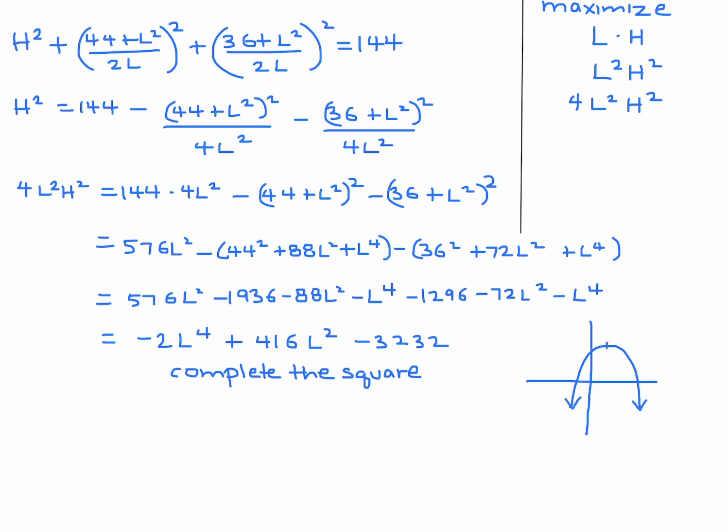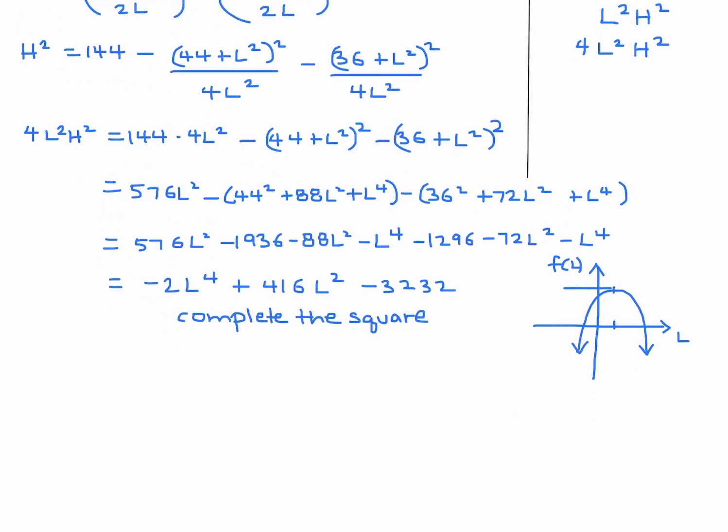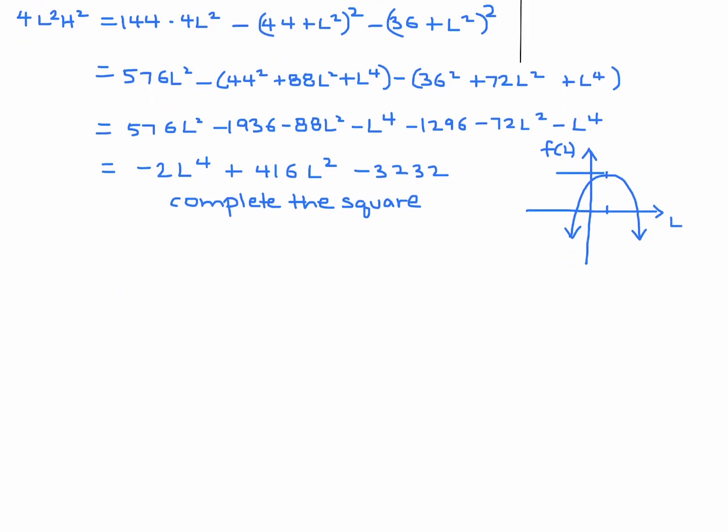That means at some point, you're going to get a maximum. So if this is the value of L, and this is f at L, then for some value of L, f at L will be at its maximum. Now, how do we figure out what that value of L is? Well, that's what completing the square does. So here we go, completing the square.